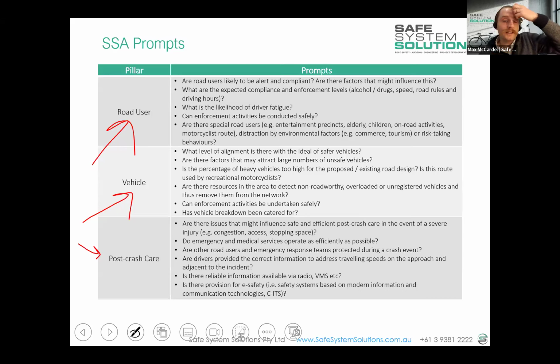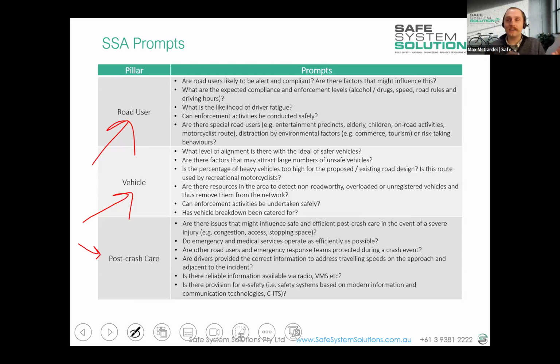The vehicle one, it's a little bit airy-fairy at this stage, but as we are getting more autonomous vehicles on our network, this will become much more pertinent. Basically, are there areas for those vehicles to be able to run safely? Do they have all the signs and lines that they need?